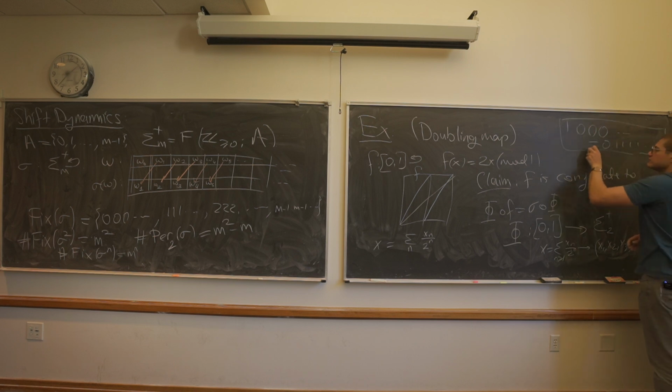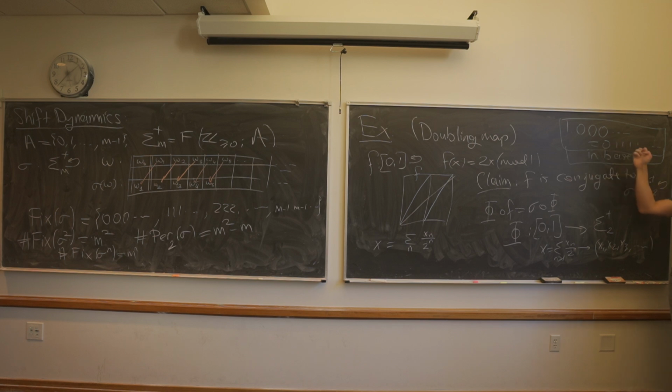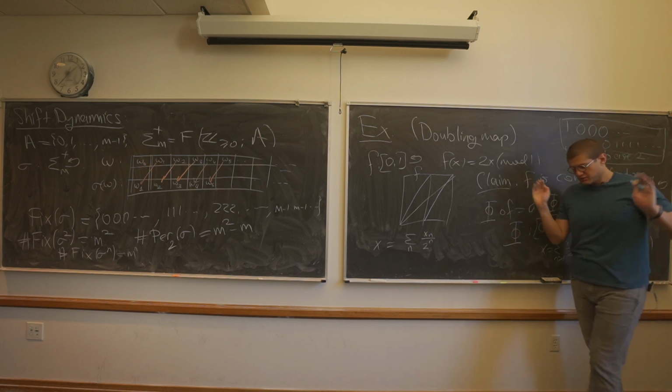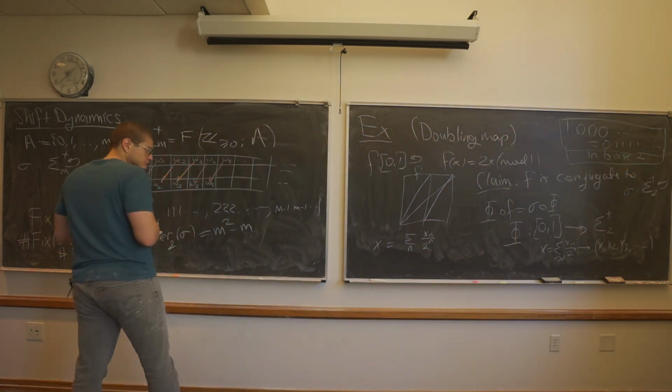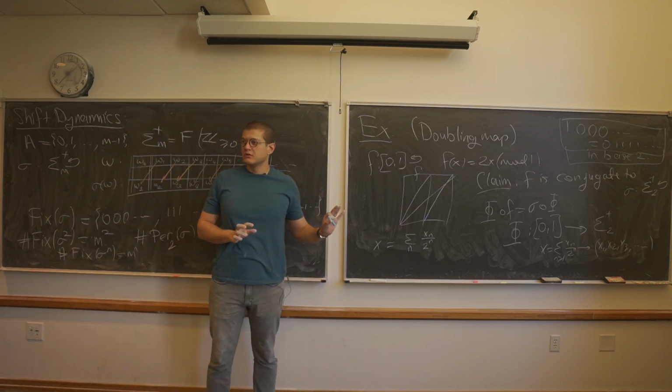So in base 2. So somehow you need to make a choice. Let's make the choice that whenever we have this issue, choose the representation that doesn't have infinitely many zeros. Okay, now it's a well-defined bijection. Any questions about this so far?